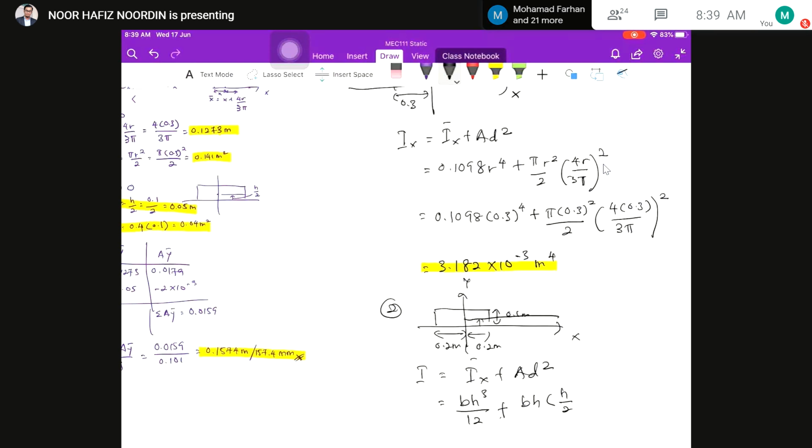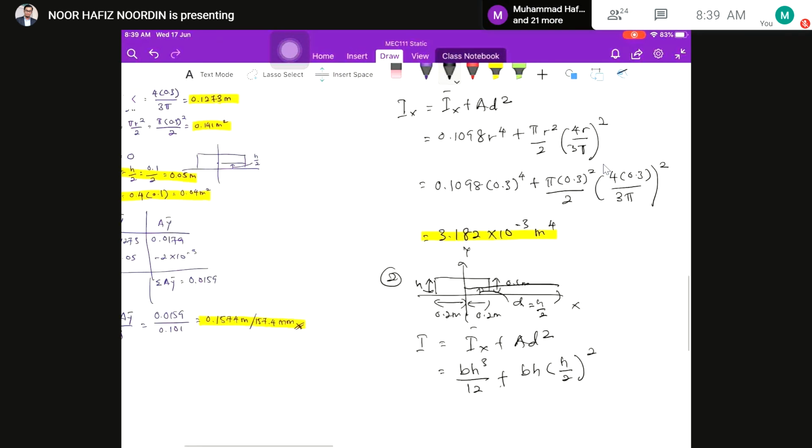And this is the h, which is dia punya height tu divided by 2, and then power of 2. Okay, so base B 0.2 plus 0.2, 0.4. And then height is 0.1 power of 3 divided by 12 plus 0.4 base times height 0.1.